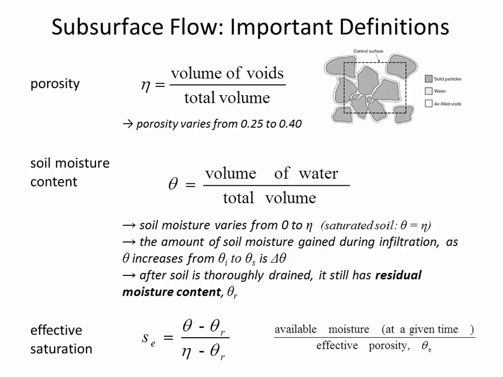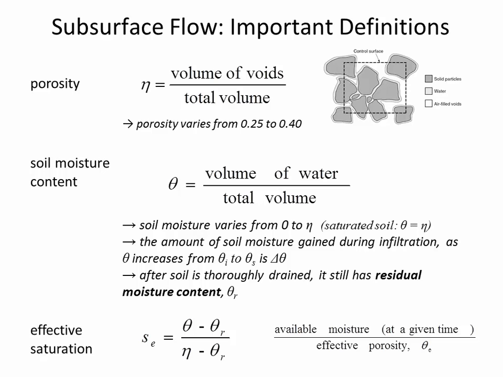Theta sub r is the minimum amount of water that will be in the soil after it's drained, and theta is whatever water content you've got. The difference between the porosity and the residual moisture content is the effective porosity, or how much water a soil can hold on to.